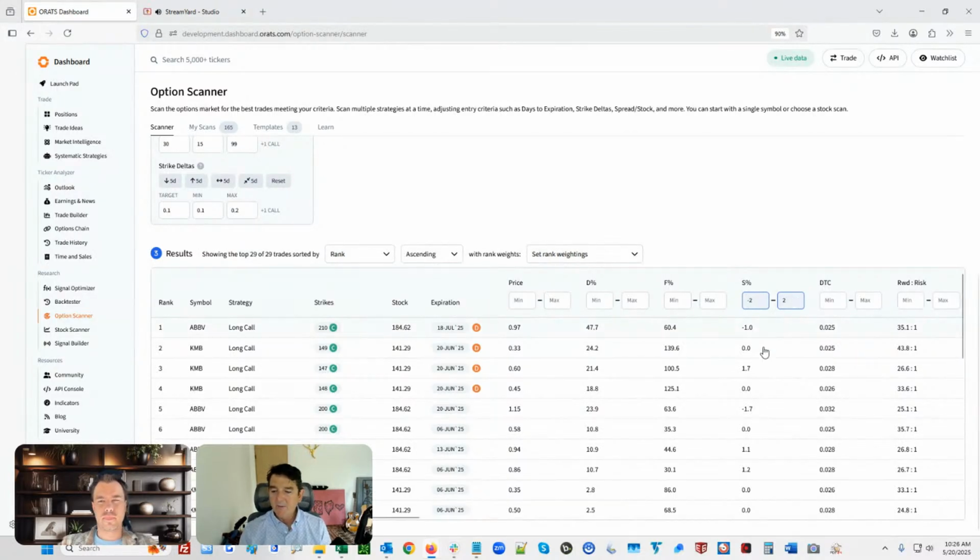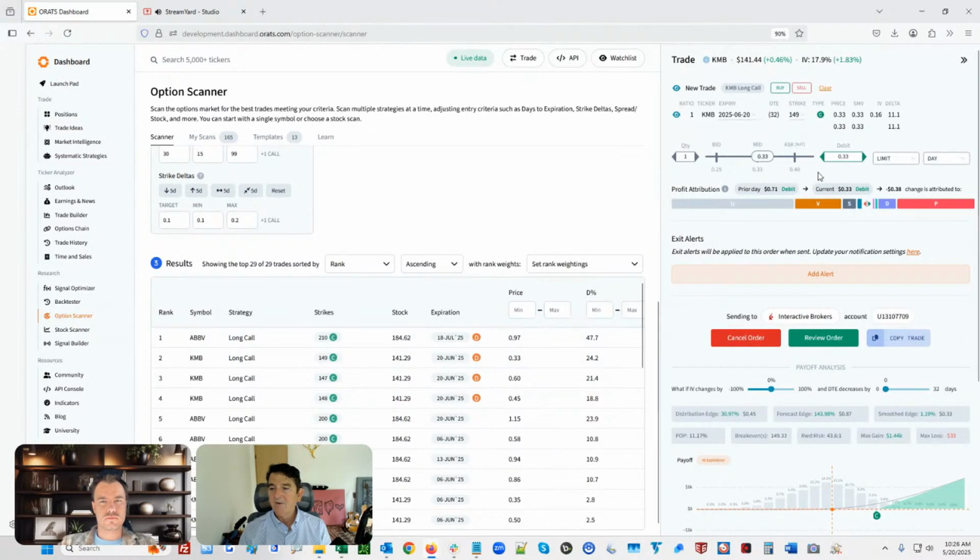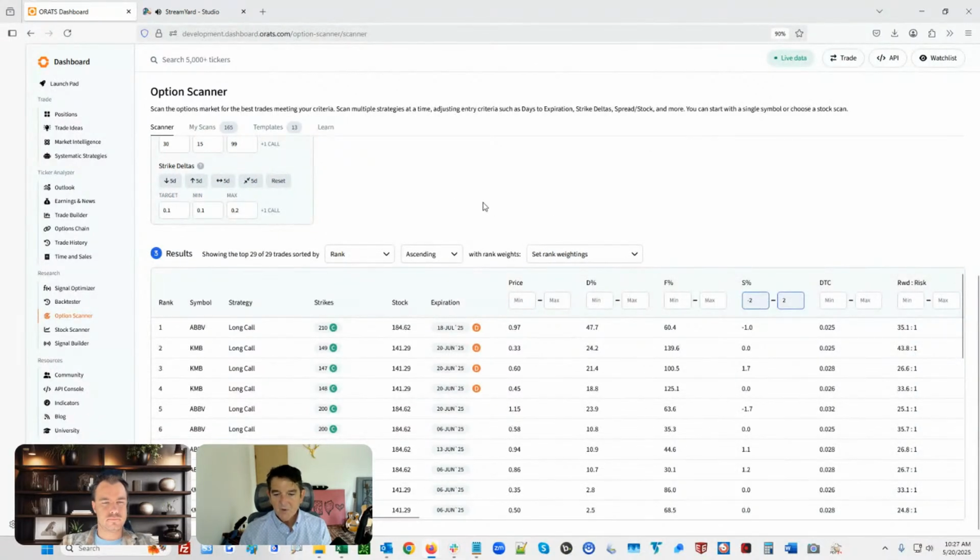So now we could be a lot more confident with these markets. Now here's that same KMB. If we click on it, it's 25 at 40. It's not 35 at 75, right? This is more of a real market. It's right at the theoretical smooth edge. So this is more tradable, and you have more confidence of getting in and getting out at a reasonable level. So that's the first thing.